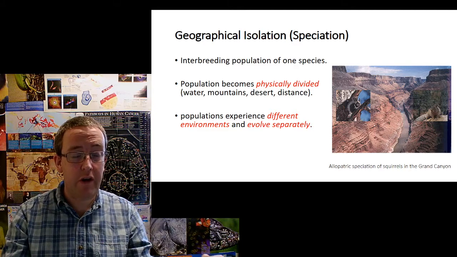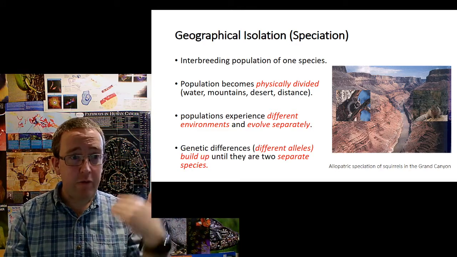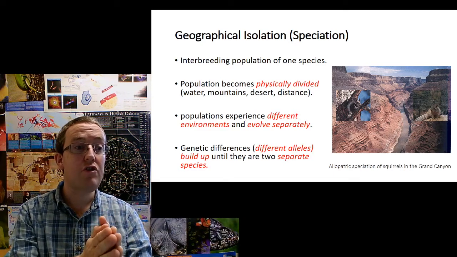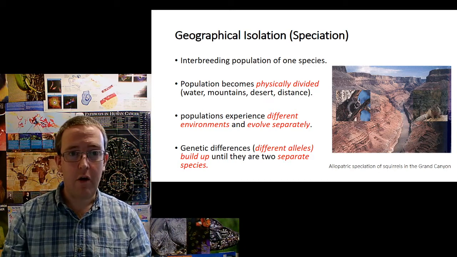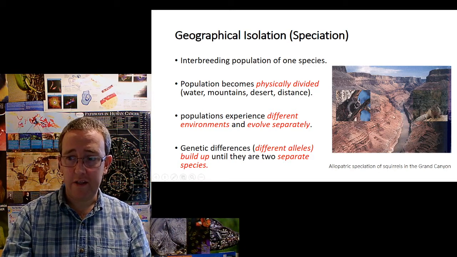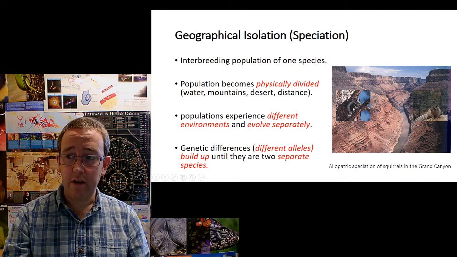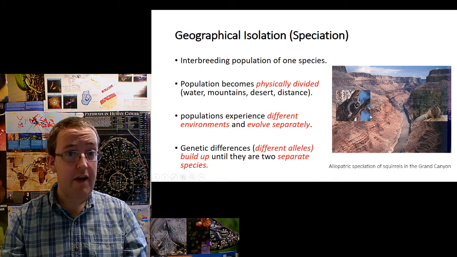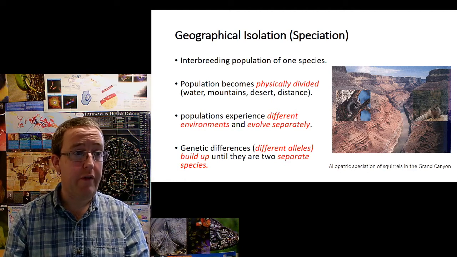And over long enough time, you end up with different species, the different alleles build up and up and up in population until those genetic differences get so great that those two organisms, if brought back together, can't breed. So in the USA, we've got our famous grey squirrel on one side of the Grand Canyon, and this black squirrel on the other side. They share a common ancestor, but of course they've been separated by that big, impassable hole in the ground.